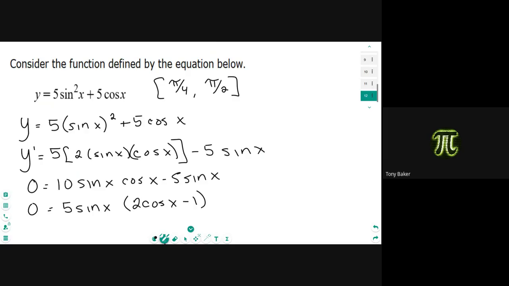So same process in this one. You do not want to move the 5 sine x over to the other side and divide, because you're going to lose information. So factor, get it set up as multiplication. This way we can set each piece equal to 0 and solve it that way.